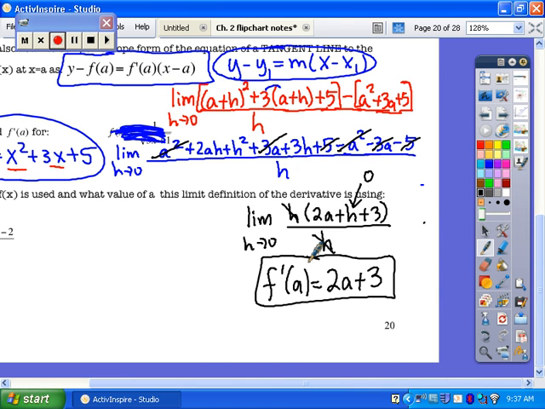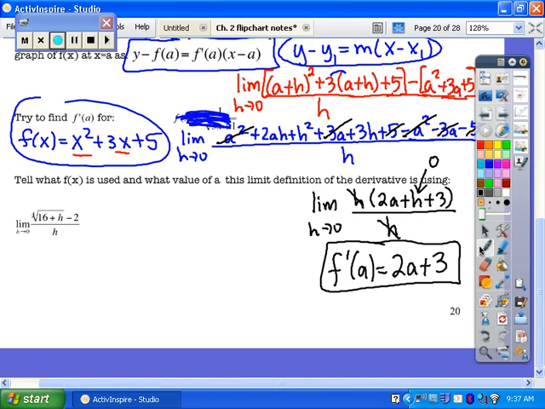It doesn't really matter what variable you use there, but technically speaking, because they originally said f prime at a, that's why I use the a in the problem itself instead of an x. If they just said find the derivative in general, then just use an x, and you get an equation in terms of x, which is the derivative. And most of the time, that's what we'll do.